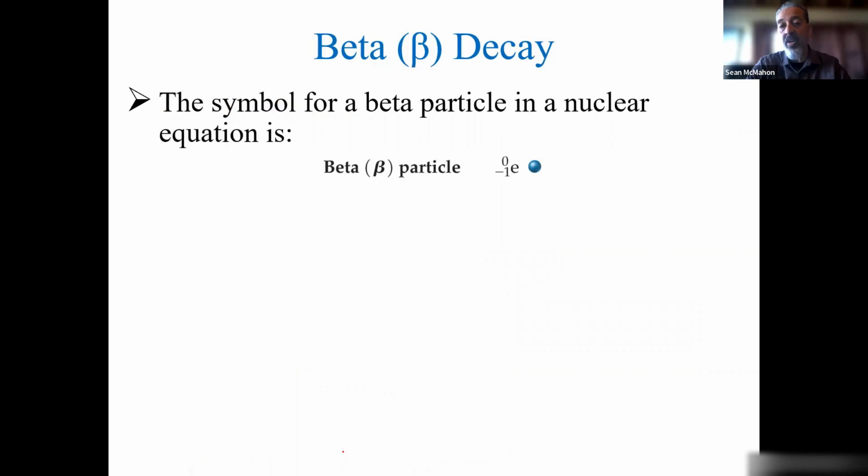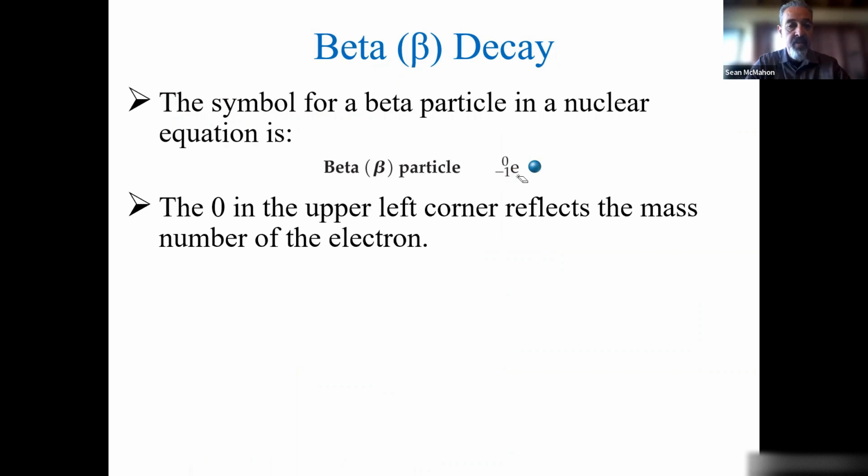So the symbol we're going to use is 0, -1, and e. Think of it as an electron. Some books use the beta symbol. I'm just going to use e to keep it simple, consistent with your book. Notice that for the mass number, there's a 0. Why? The relative mass of an electron or a beta decay particle compared to an atomic mass unit, the mass of a proton or a neutron, is negligible.